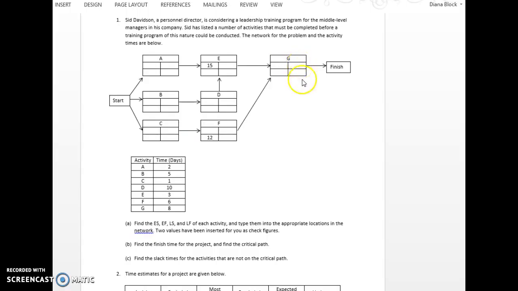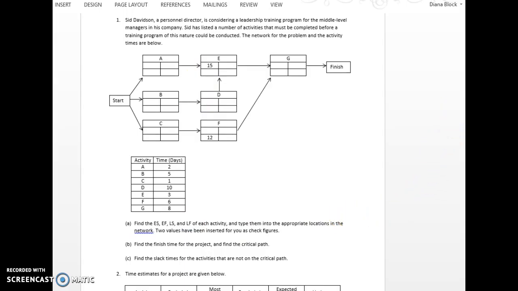So then, to get the latest starts and latest finishes, you'll do the same process, just moving backwards through the network. So you'll start off with the earliest finish time that you gathered from the top, and in order to move to the bottom, you'll have to work backwards using that information. Start at the finish and then subtract the activity times so that you can see the latest starts and latest finishes for the network.